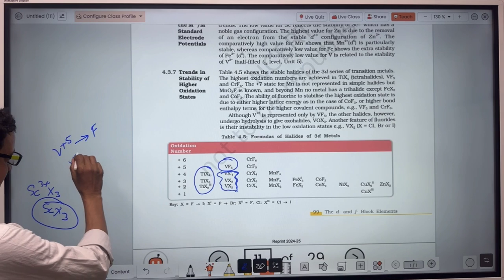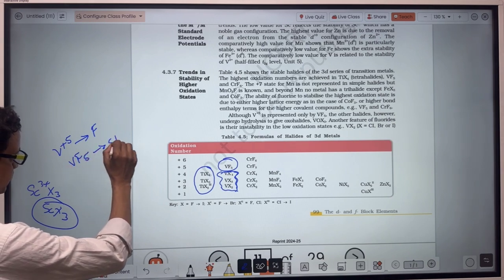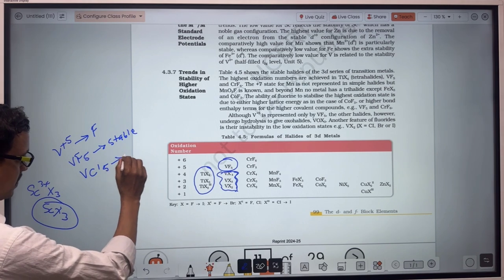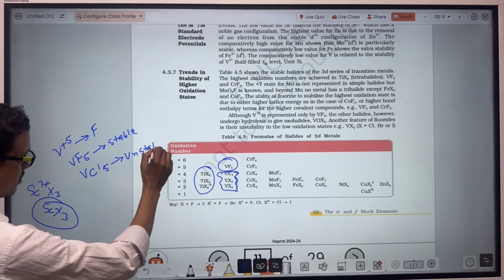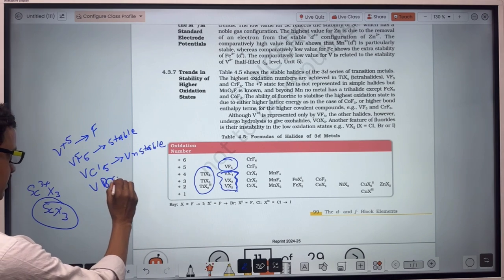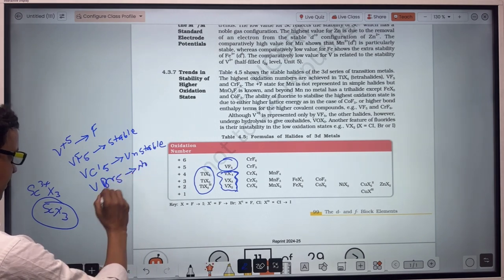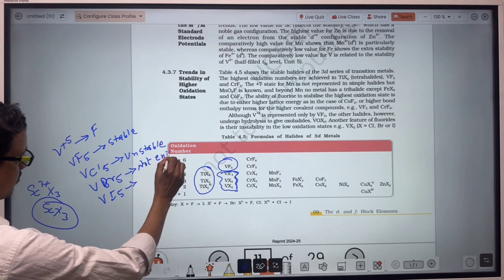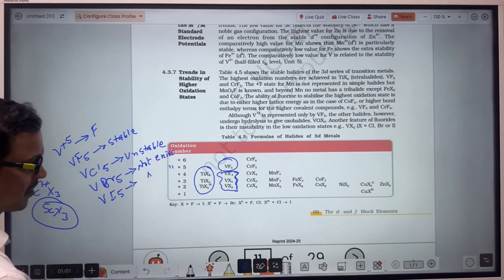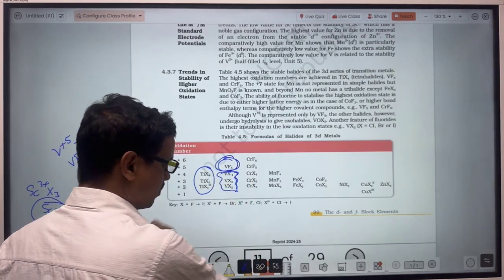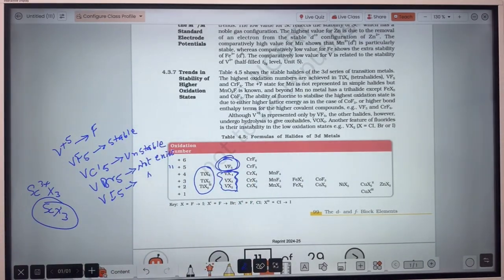That means VF5 is stable, but VCl5 will be unstable. VBr5 will not exist, and VI5 will not exist. So vanadium shows the +5 oxidation state only with fluorine.